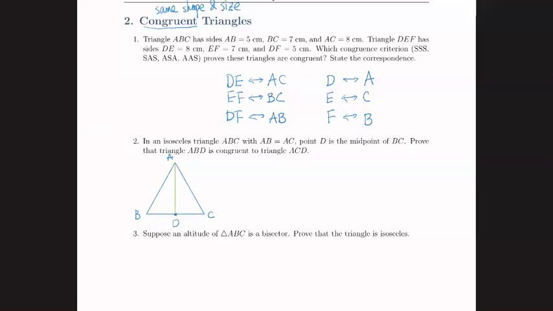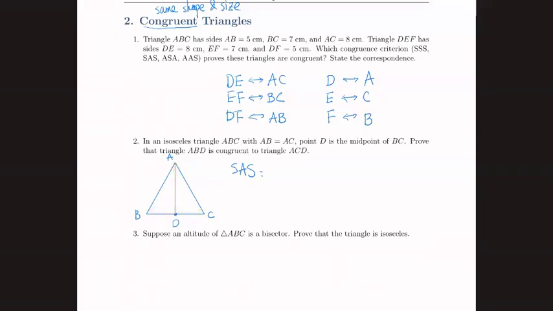If we say side angle side, which is two sides? Which angle? Side BD, CD, AD, and AD, and angle ADB and ADC. Angle ADB, ADC. Why are they the same?